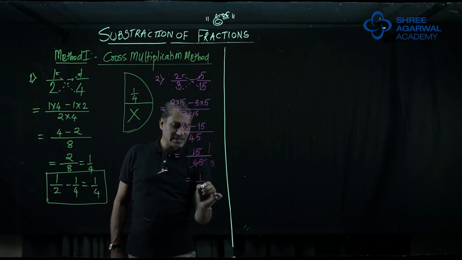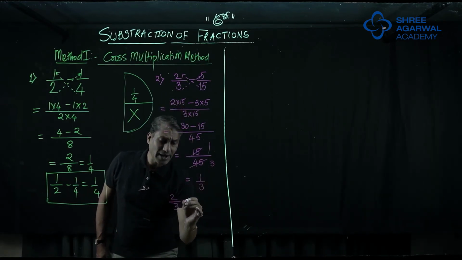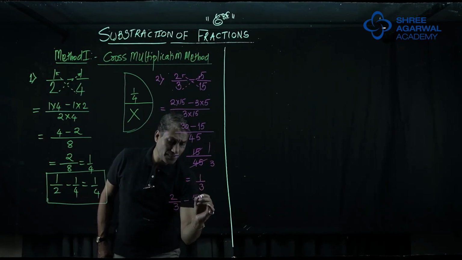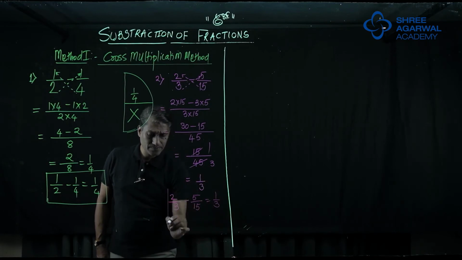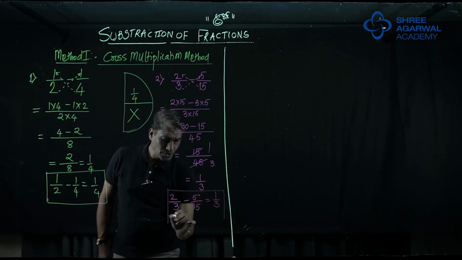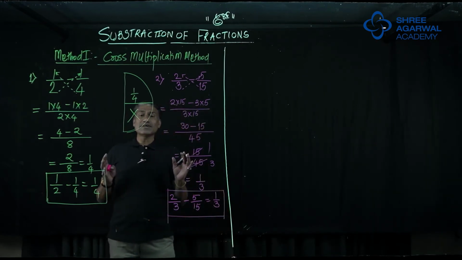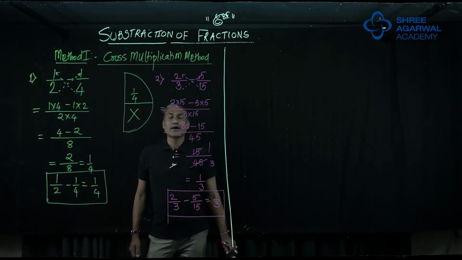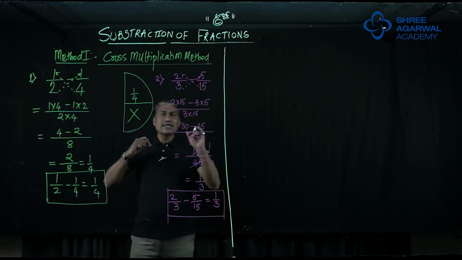So the final answer is 1 upon 3. So 2 upon 3 minus 5 upon 15 is nothing but 1 upon 3. I hope you understood the subtraction of fractions by cross multiplication method. Now if I want to slightly explain this here to you, see the thing was like this.